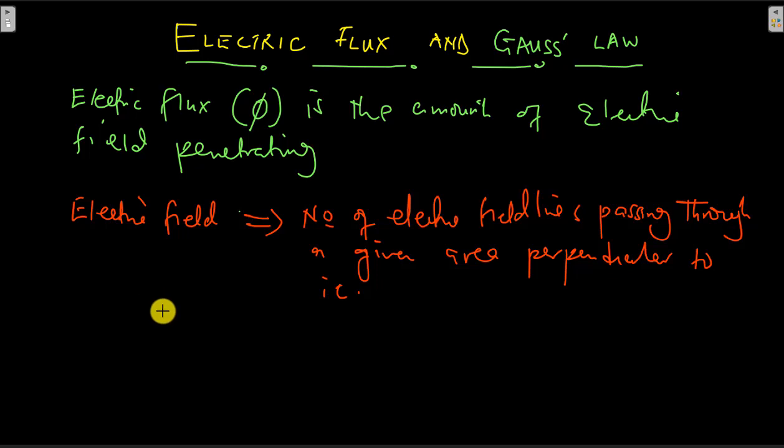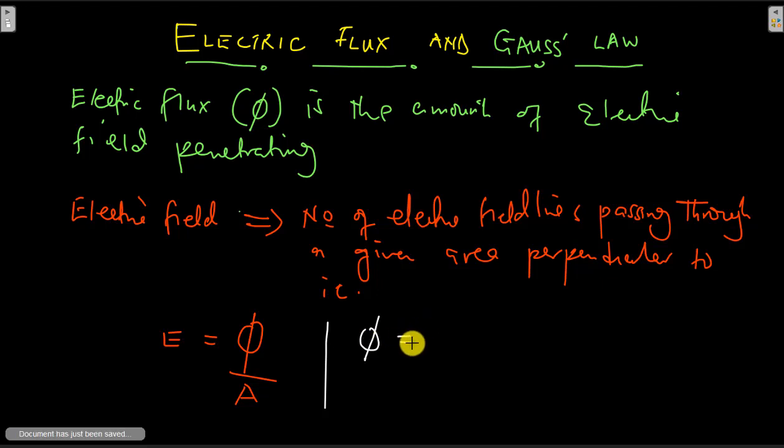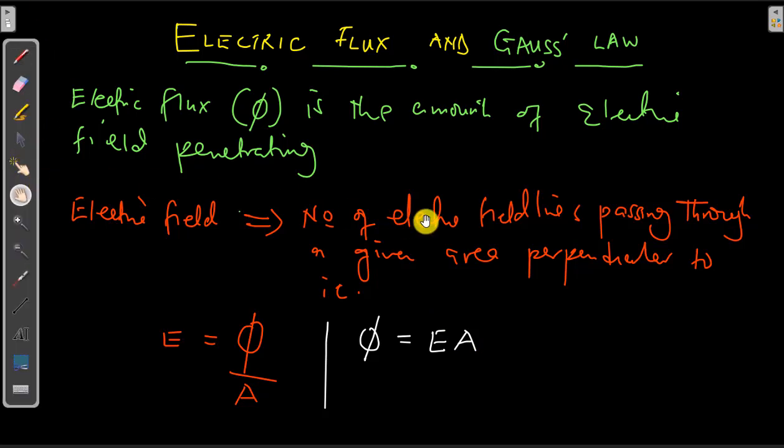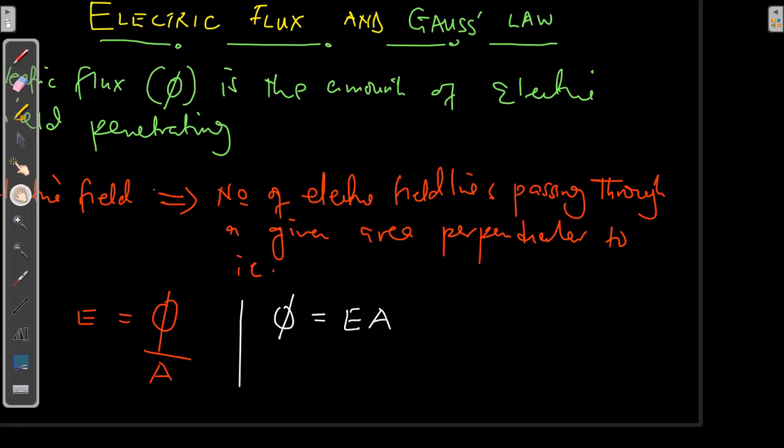So this tells us that the electric field is equivalent to the electric field lines, or the electric flux, per given area, phi divided by A. And from here we can conclude that the electric flux phi is equal to the electric field intensity times the area through which the electric flux is flowing.